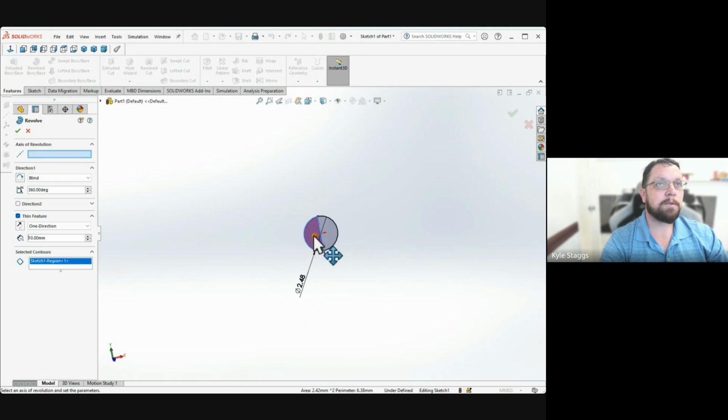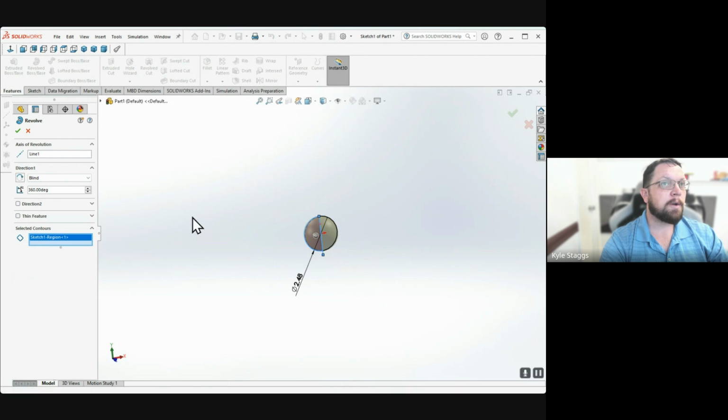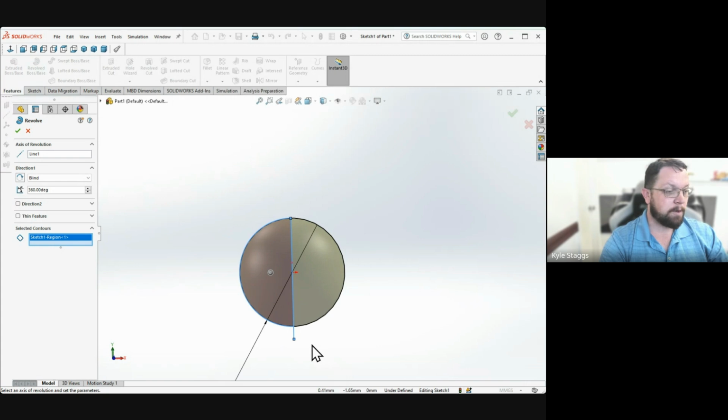I think this is going to be significantly more helpful because without it, you're going to be... no thinning feature ever. Rule of thumb, no thinning feature ever.